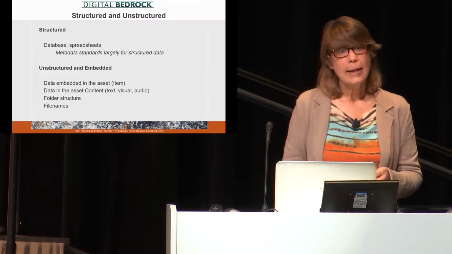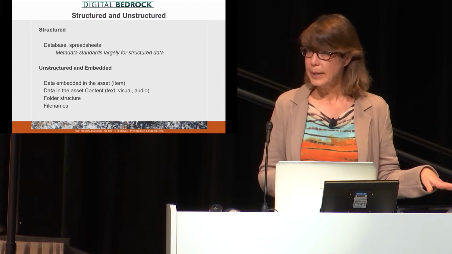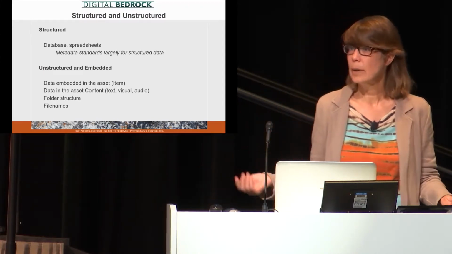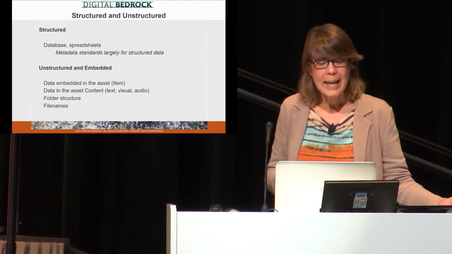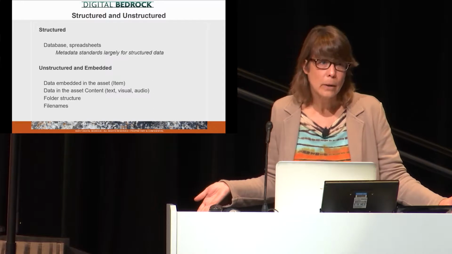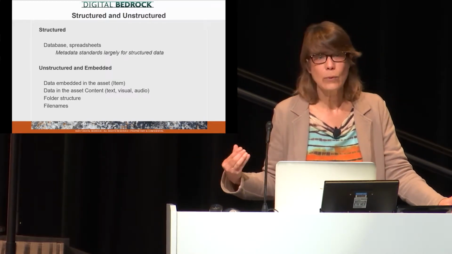So for the kind of data that you can be capturing, you have structured metadata, and that's usually where the metadata standards come into play, because they're all talking about structured metadata that's recommended that you follow or use. Then you have the unstructured metadata, and I'm also including the embedded metadata here. The embedded metadata would be the technical characteristics about the file that you can extract off of it.